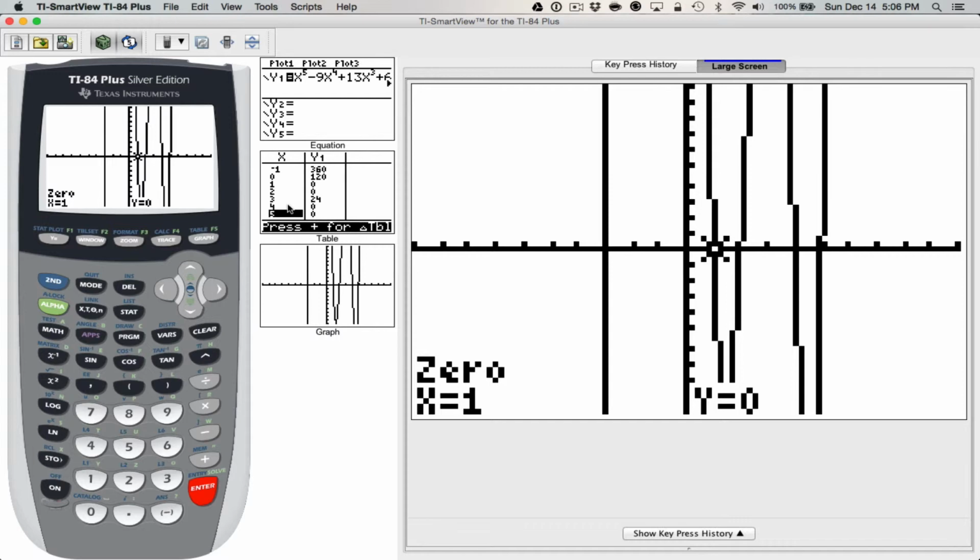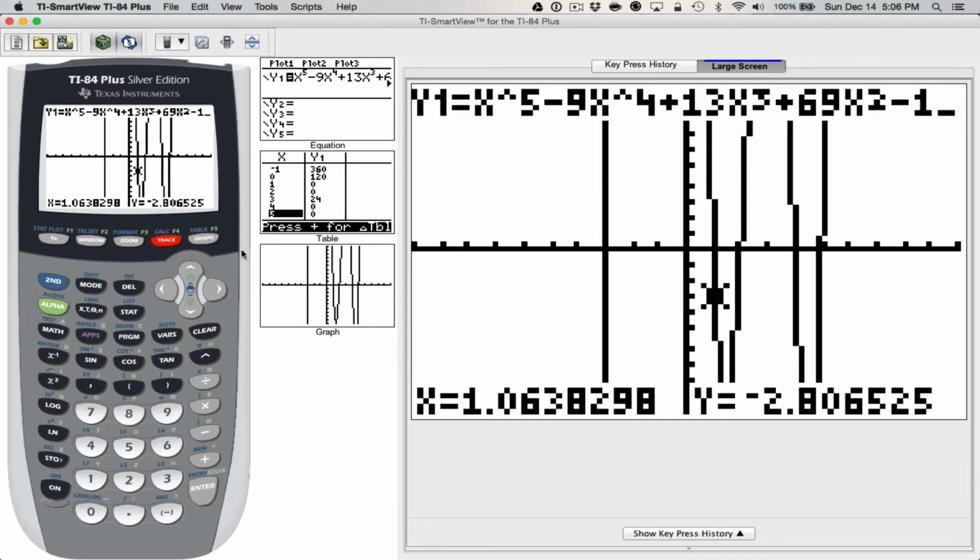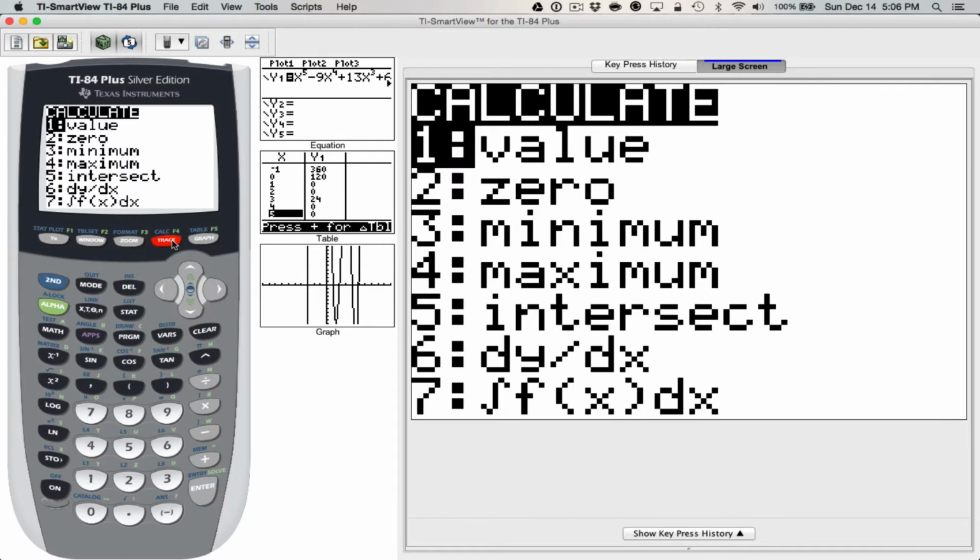If I repeat this process, if I continue to trace along, my y is now negative, so in the next intercept, I'm looking for that moment where my y is going to flip from negative to positive, and I've just found it. So I go back to the left of my 0, right there, second trace, which is the calculate button, 2 to calculate a 0.